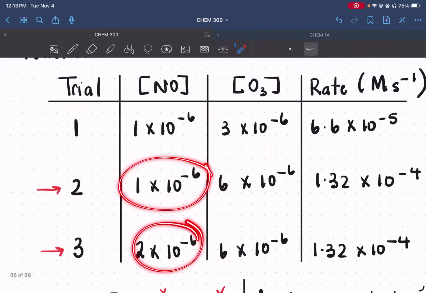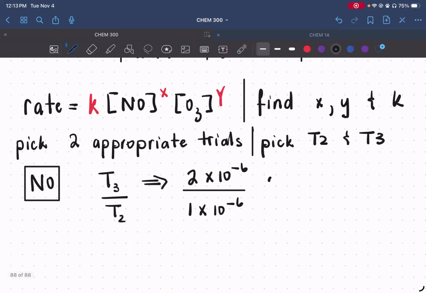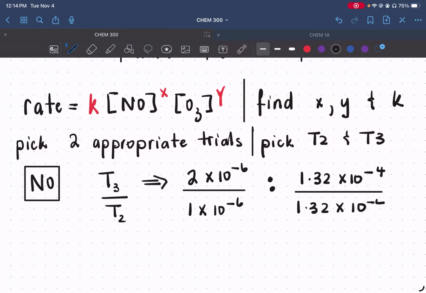So those are the concentrations. We can see how that affects the rates. In trial 3, the rate is 1.32 times 10 to the negative 4. And the rate in trial 2 is also 1.32 times 10 to the negative 4. Notice I'm using that ratio to make it clear. We're looking at what the change is.